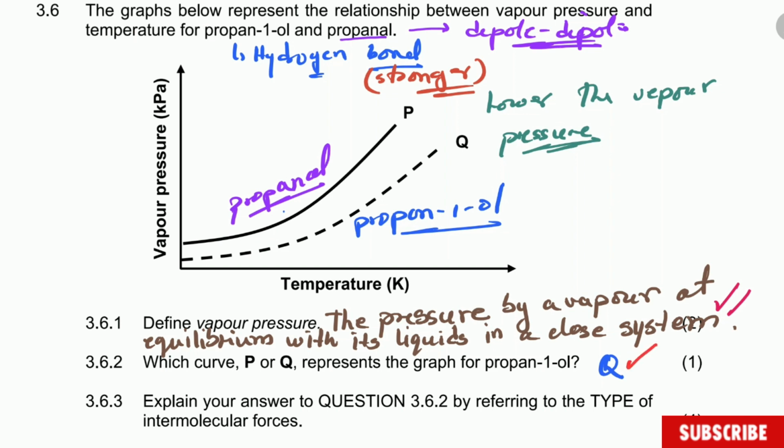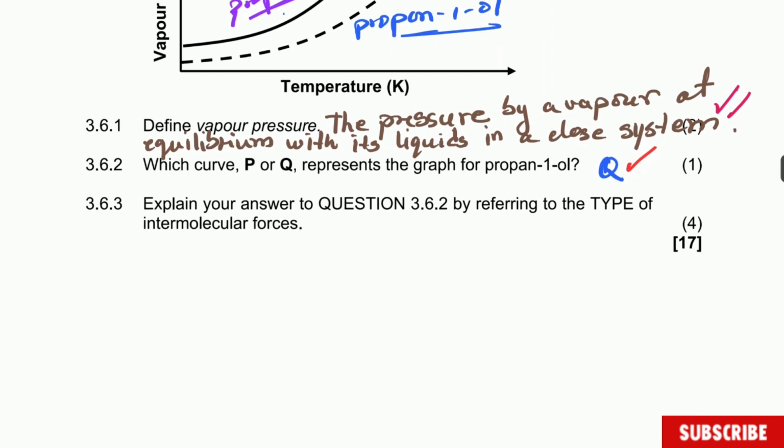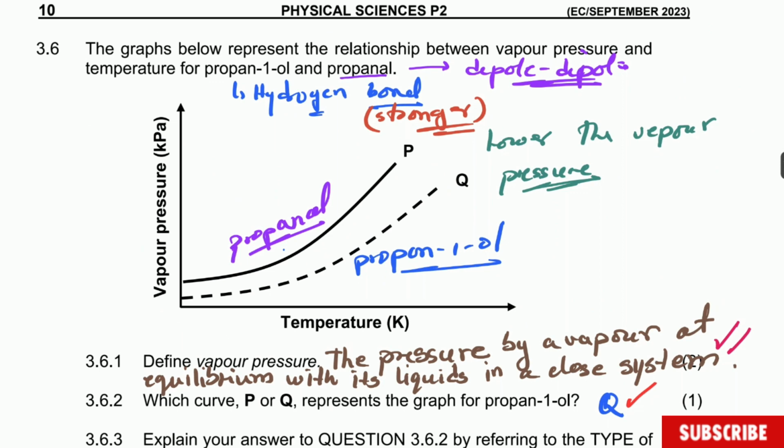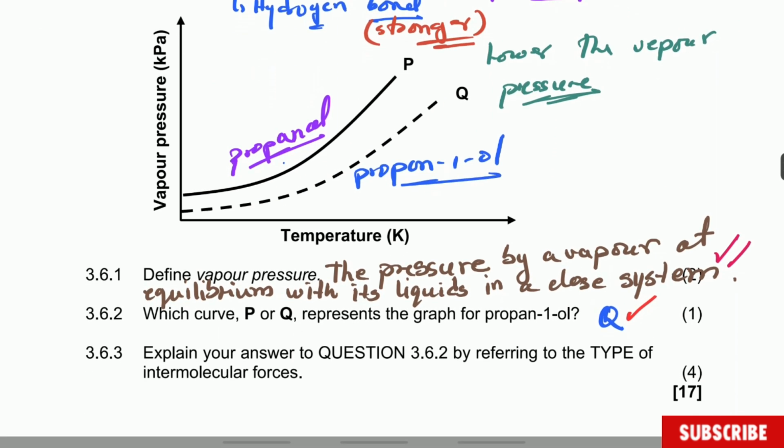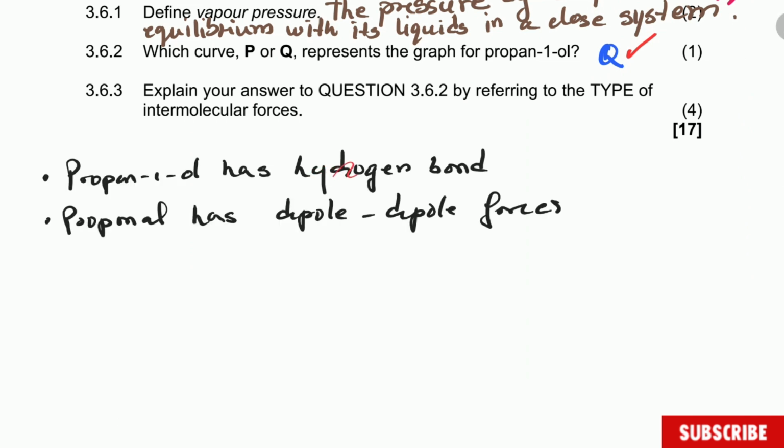Very easy, guys. And at the end, explain your answer by referring to the type of intermolecular force. We already explained everything, but let's write it down how you're supposed to write it in the exam. The first thing you have to do is to identify the type of intermolecular forces. One mark for saying propan-1-ol has hydrogen bond, and one mark for saying propanal has dipole-dipole forces.